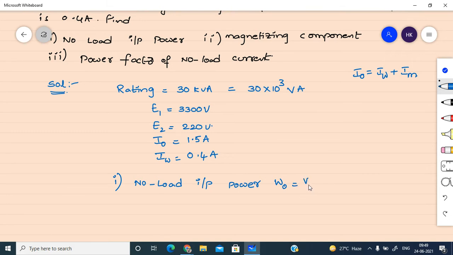Yesterday we derived the formula, that is V naught I naught cos phi naught, or V1 I naught cos phi naught. These are the values under no load condition. Generally the power formula is VI cos phi. Here the no load current, so I naught. Voltage also under no load, V naught. The phase angle difference between these two is phi naught.